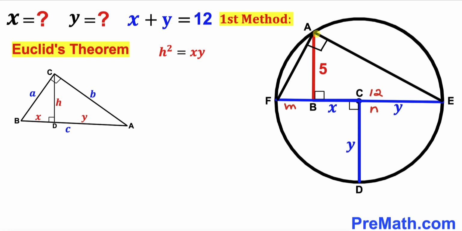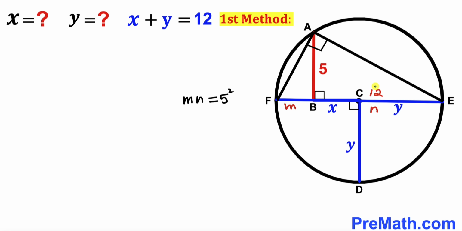Here our height is 5 units, and these two segments are lowercase m and lowercase n. According to Euclid's theorem, we can write m times n equals 5 square. We know our n value is 12, so I'm going to substitute that value 12 over here.